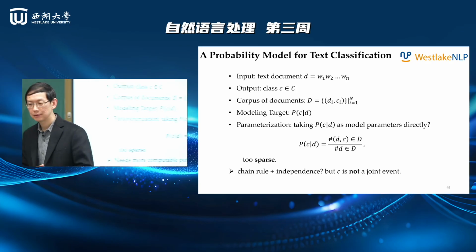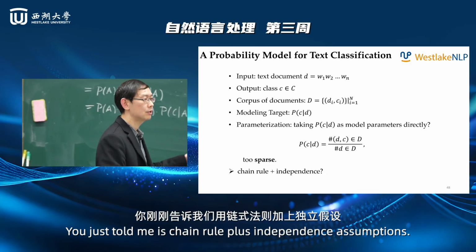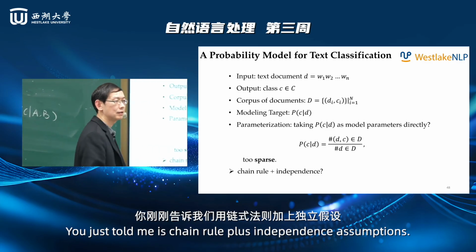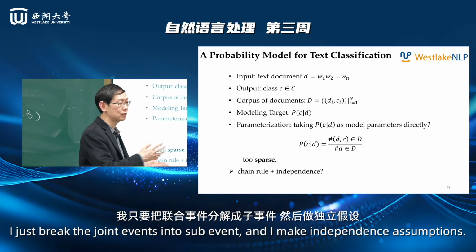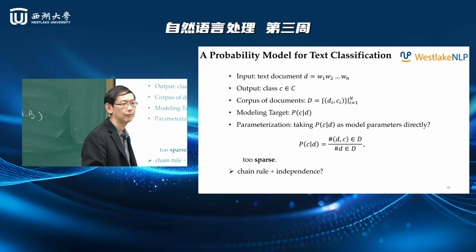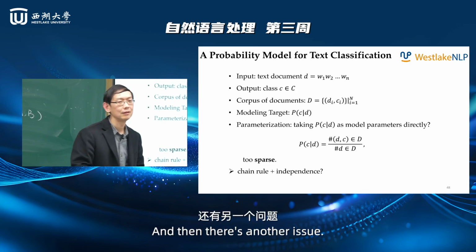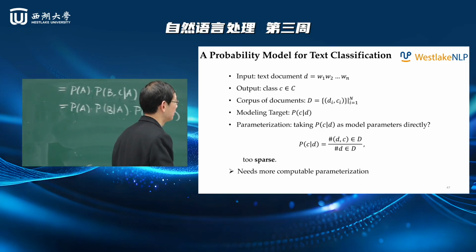How do you do it? You say, I know. You just told me it's chain rule plus independence assumptions, right? I just break the joint events into sub-events and make independence assumptions. I can do it. Can you do it? And then there's another issue. It's not a joint event.